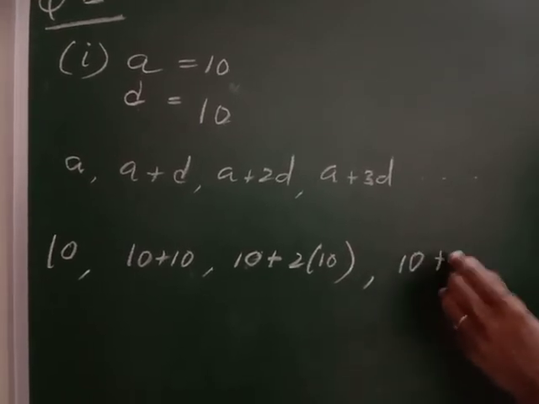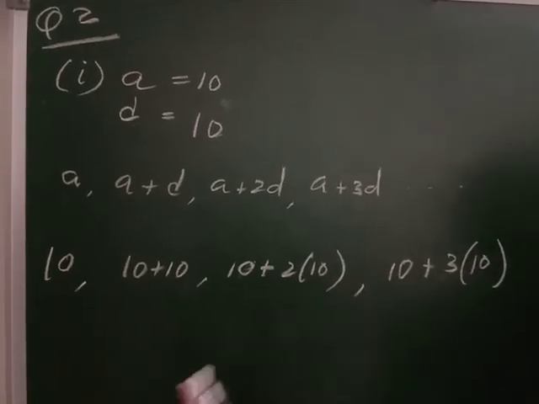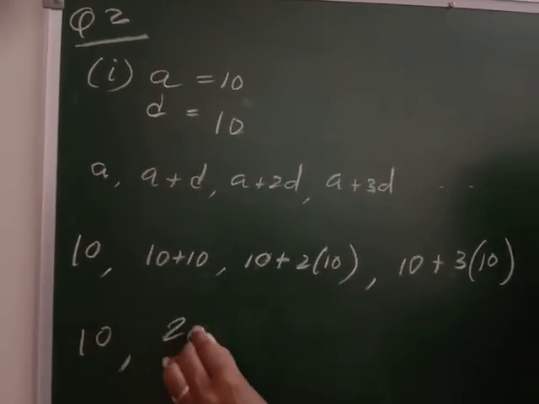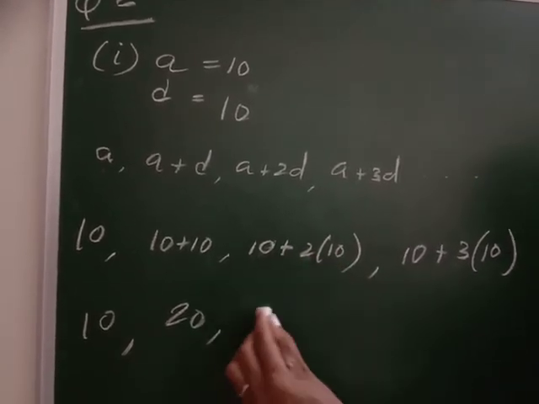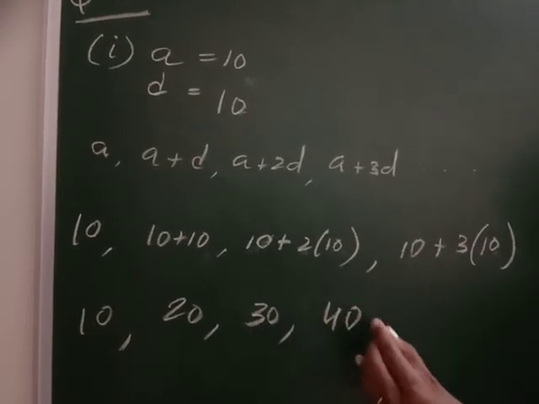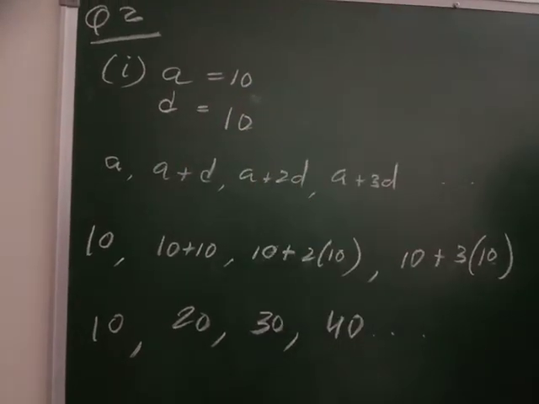So A plus 3 into D. That means 3 into 10. So my first 4 terms of this AP are 10, 10 plus 10, 20, 10 plus 2 into 10, 20 plus 10, that is 30, 30 plus 10, that is 40. So these are the first 4 terms of question number 1.